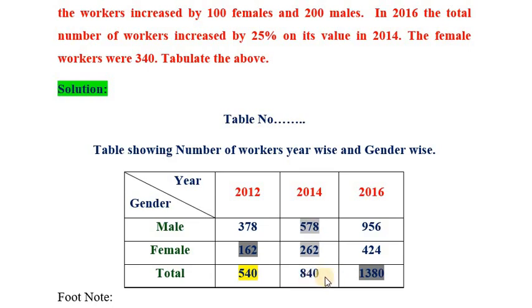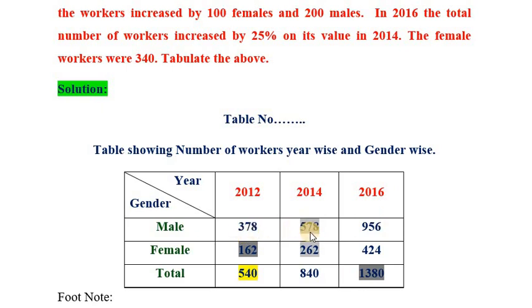So, on 840, we have to calculate the 25% and that needs to be taken as a total. So, 25% of 840 plus 840, we get 1380 as total population. So, with the help of this total, easily we'll be able to find out the other missing information for the year 2016.